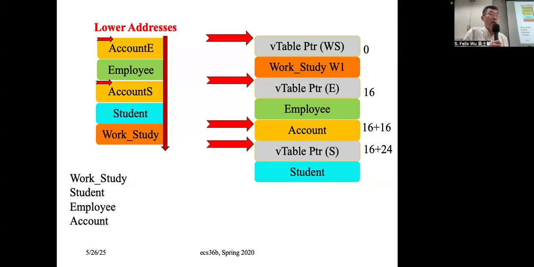Because I don't have any virtual keyword in multiple inheritance, everything is compact, everything is data, nothing about vtable pointers. But when you start to use either virtual function or virtual inheritance, you're going to see pointers being inserted in a certain way. I'm not going to tell you in detail why they arrange this way.